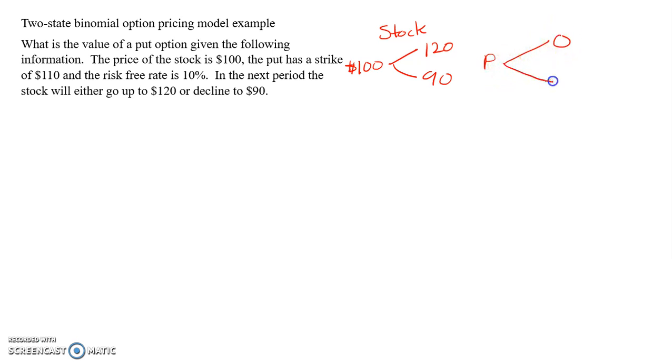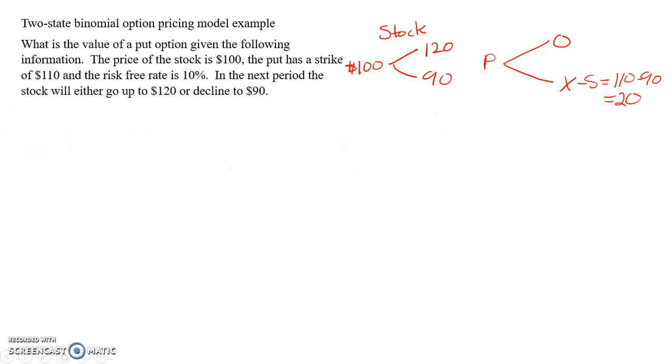And then in the down state, it's going to be the strike minus the stock price, which is, the strike is 110. The stock price in this case is 90. So the value of the put is $20 in the down state.